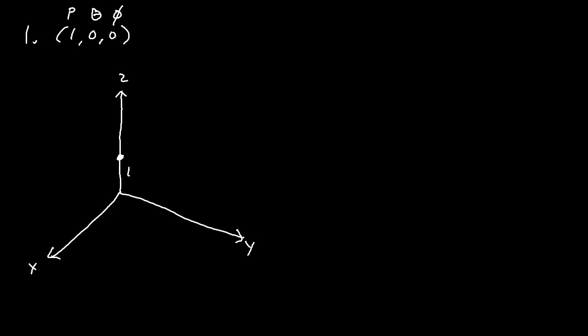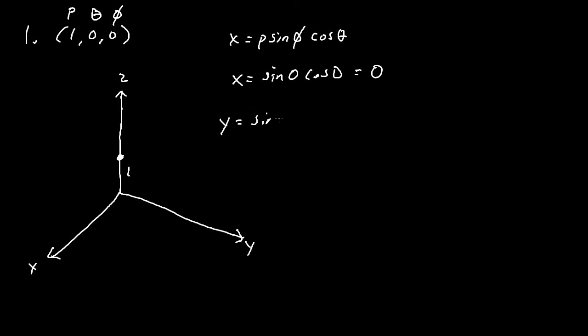So now if we were to convert from spherical to rectangular, we're going to use the formulas once again. X equals rho sine phi cosine of theta. So in this case, rho is 1. So x is going to equal 1 times sine of phi. Now phi is 0, times cosine of 0. Sine of 0 is already 0, so we can just make our x coordinate 0. Now y is going to equal rho, which is 1, times sine of 0 times sine of theta.